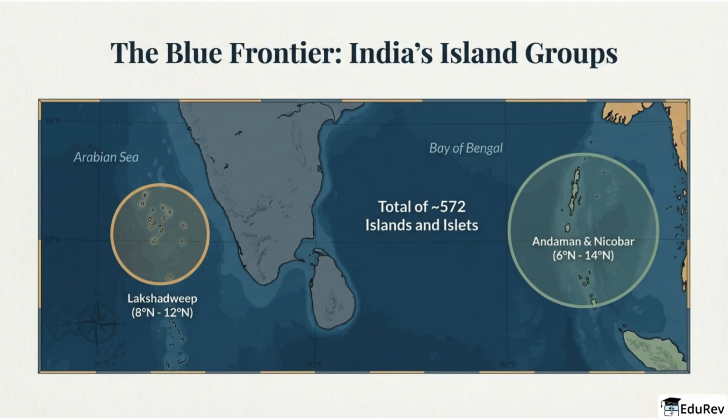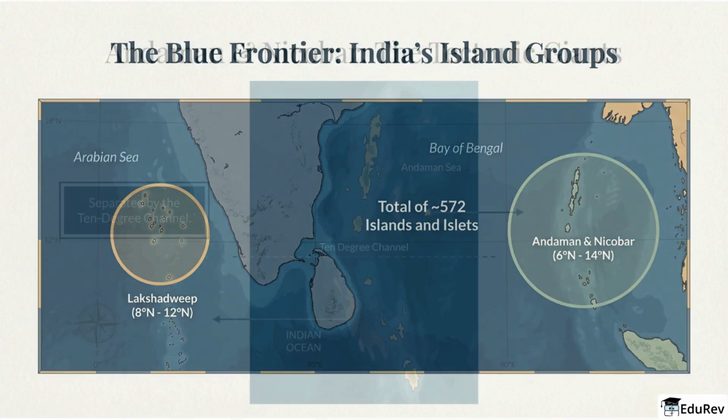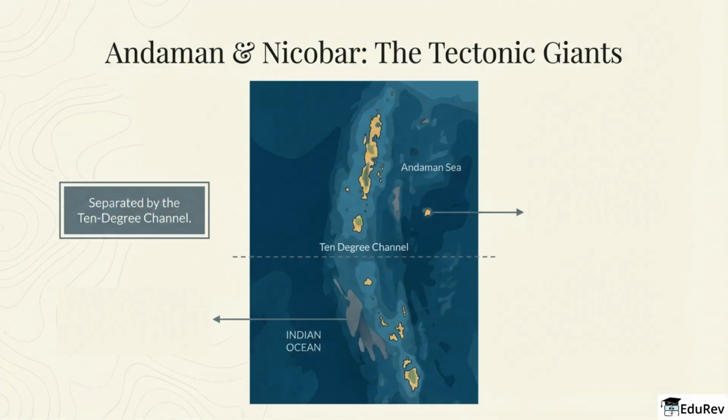A topper's approach is simple. Lakshadweep equals coral origin. Andaman Nicobar equals tectonic origin. Now focus on Andaman and Nicobar as tectonic giants. A key separator here is the 10-degree channel, which separates the Andaman group from the Nicobar group.